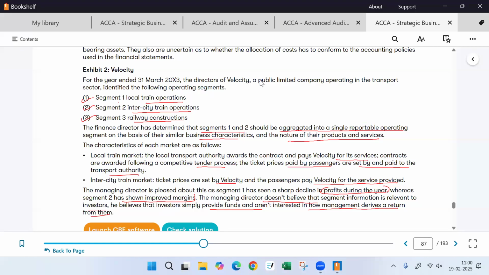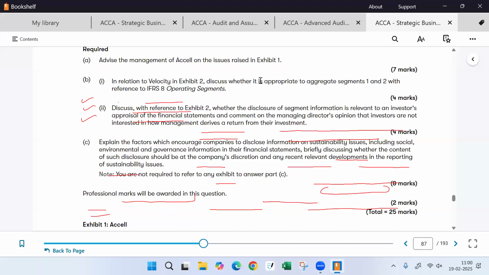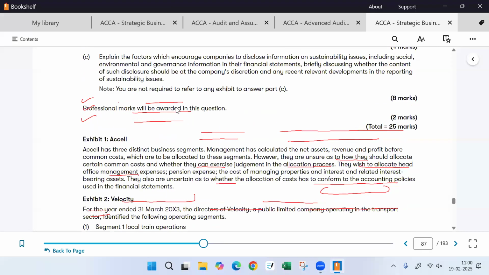So your requirement, with respect to exhibit 2, is to discuss whether it is appropriate to aggregate segments 1 and 2 with respect to IFRS 8. Discuss whether disclosure of segment information is relevant to investors, and comment on the managing director's opinion that investors are not interested in how management derives a return from their investment.